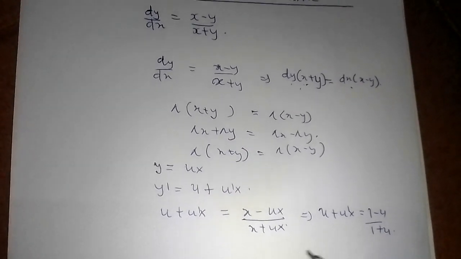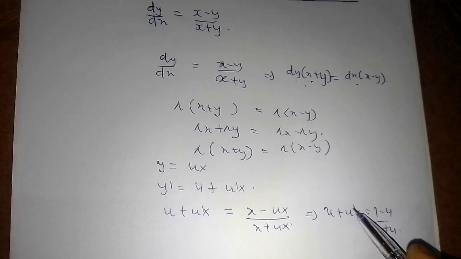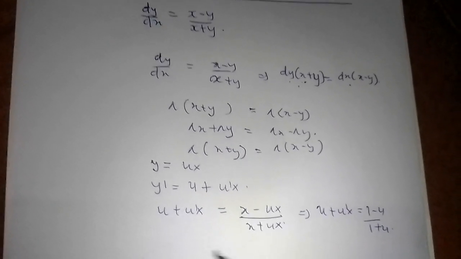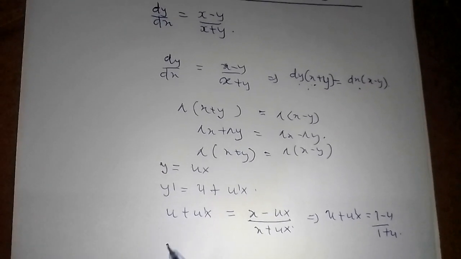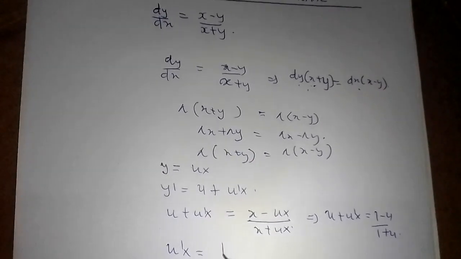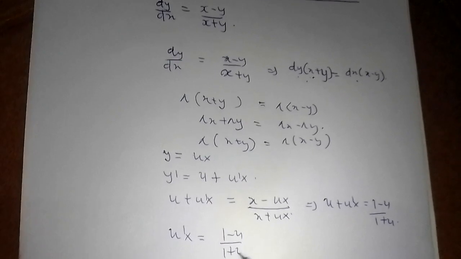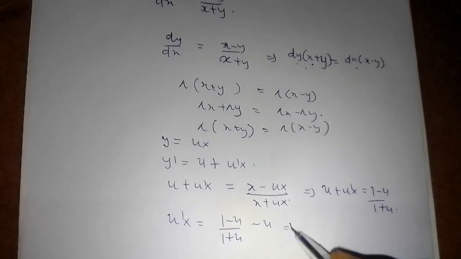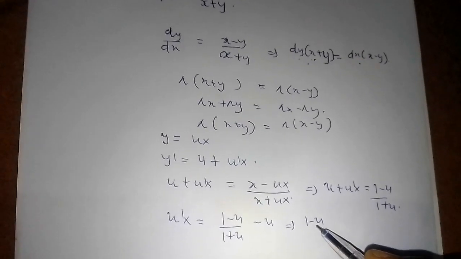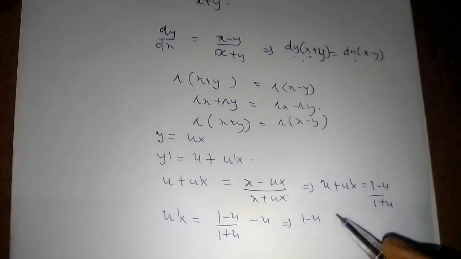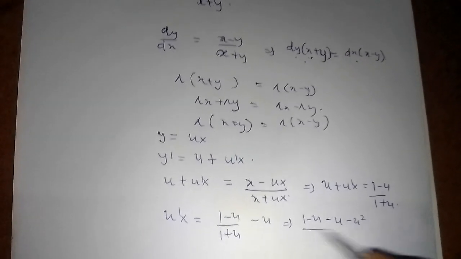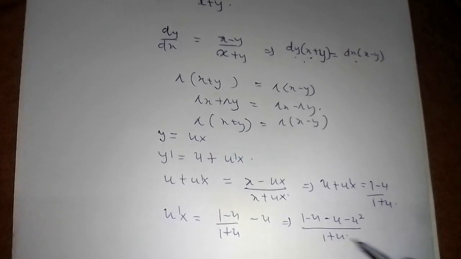Still on it, we have our u prime here, so let's see what we're going to do. We're going to have u prime x equal to (1 minus u) over (1 plus u) minus u. We send this u there to be minus u, and we simplify this to be equal to (1 minus u) minus u squared all over (1 plus u).